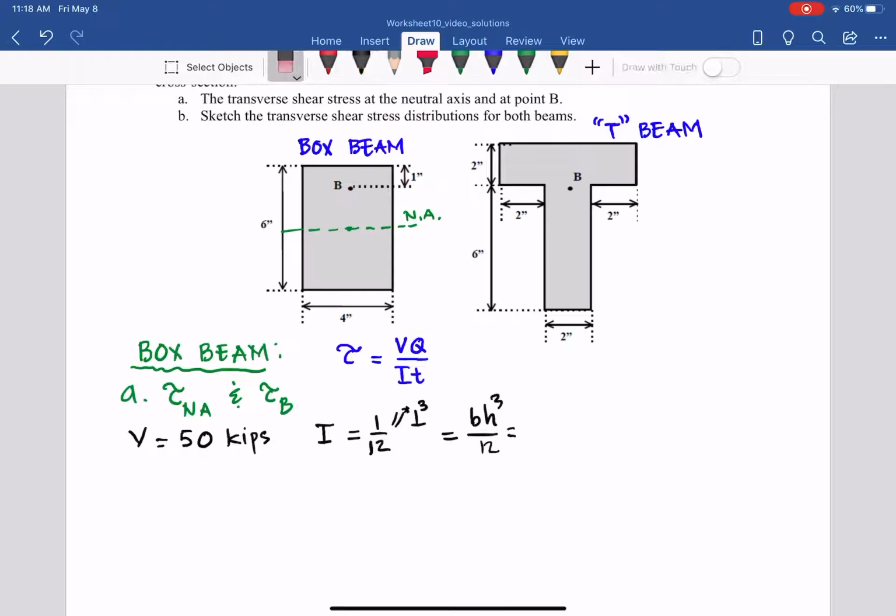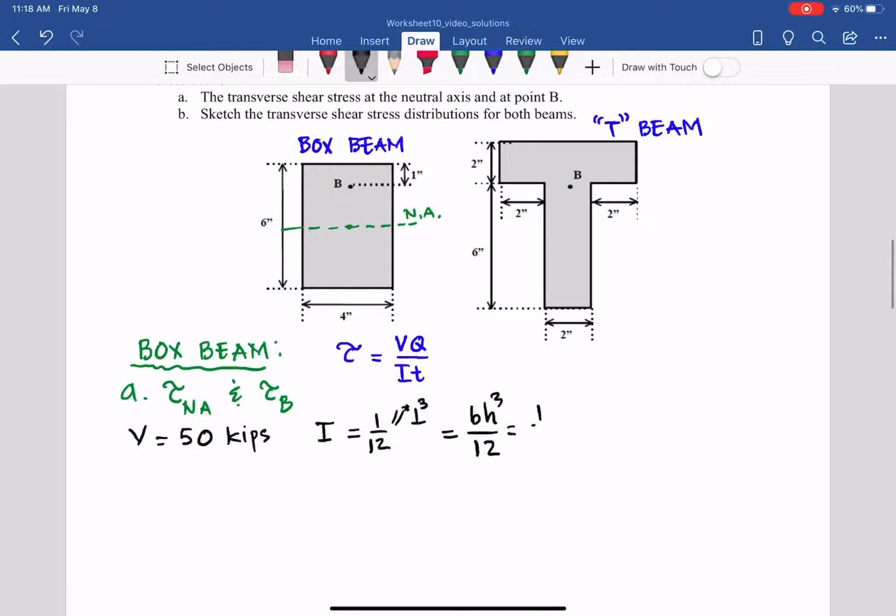So plug in: it equals 1/12 times 4 times 6 cubed. So from that we have 72 inches to the fourth. And we have the thickness or the width of the beam. In this case, as you can see, you have t here. For this, it equals 4 inches.